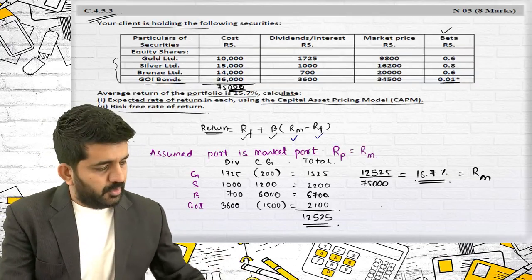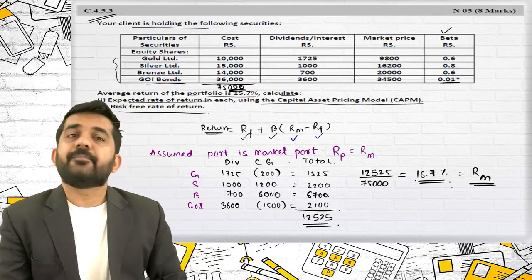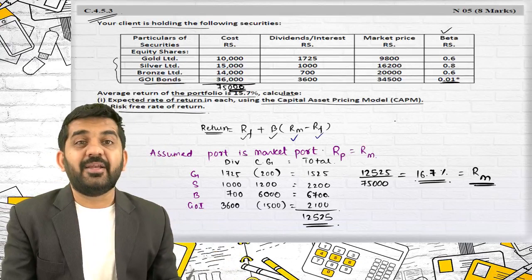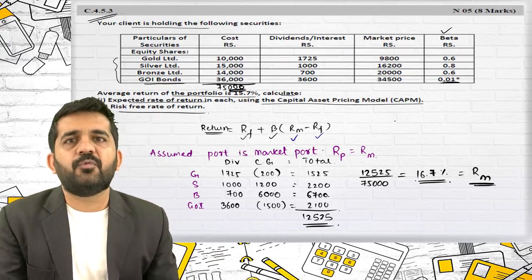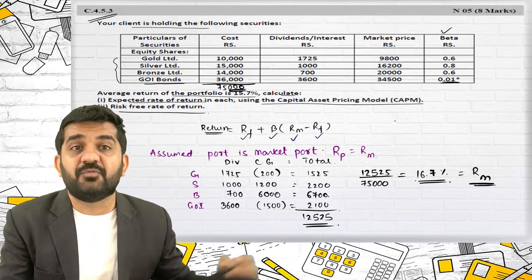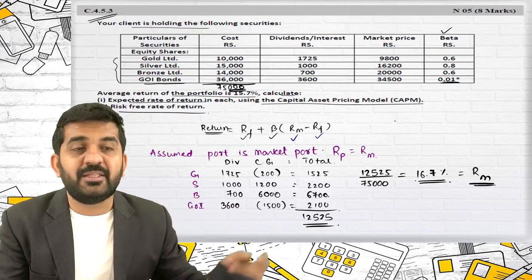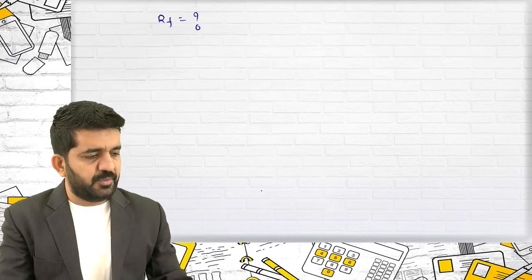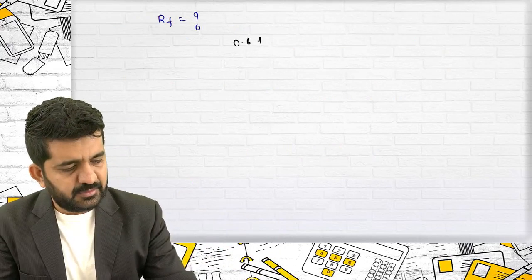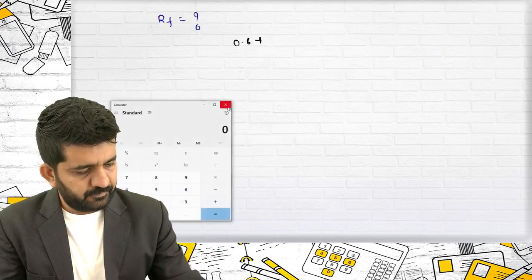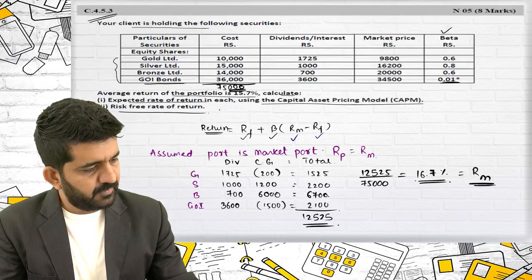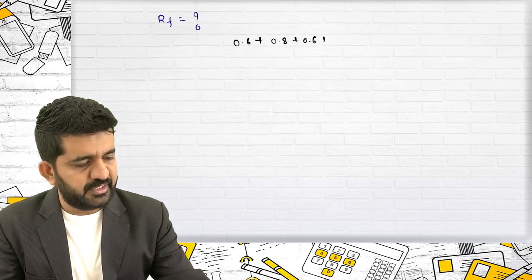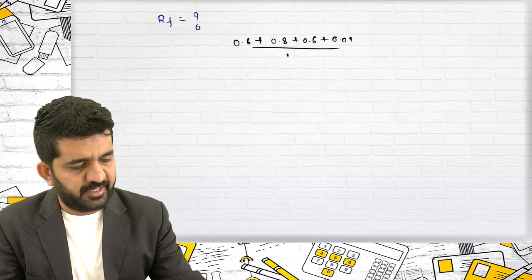Now, this they have taken as RM, and then they found the weighted beta. It should be the weighted average beta of the portfolio, but what is done in the answer is the simple average of the portfolio. The simple average is 0.6 plus 0.8 plus 0.6 plus 0.01 divided by 4.